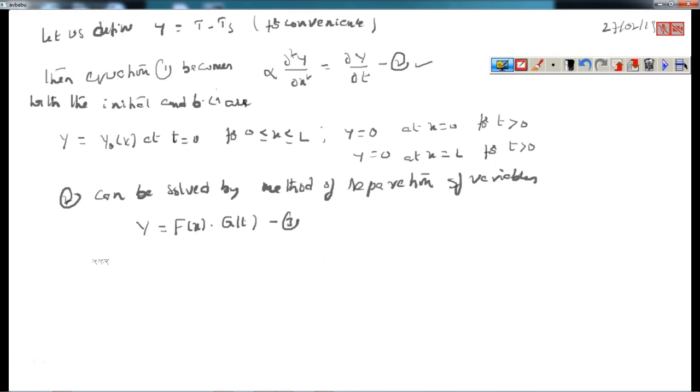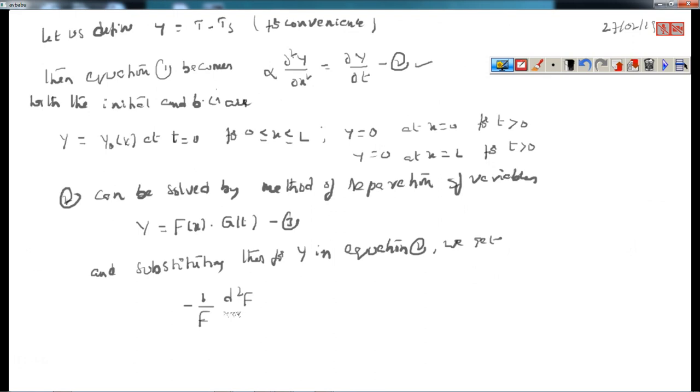Substituting this for y in equation 2, we get d square f by dx square is equal to minus 1 by alpha into 1 by g dg by dt.